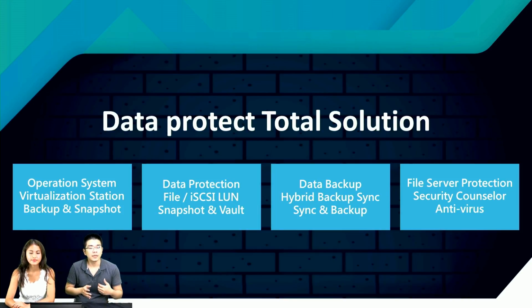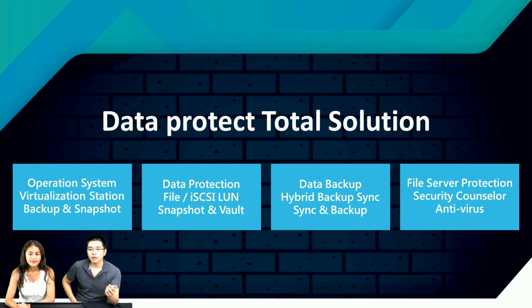The third part: since Snapshot and Snapshot Vault are kind of a private cloud, we will also integrate the public cloud to make it a hybrid cloud that you might have heard of a lot. And we will let you know how we can do the hybrid cloud solution with our Hybrid Backup Sync.